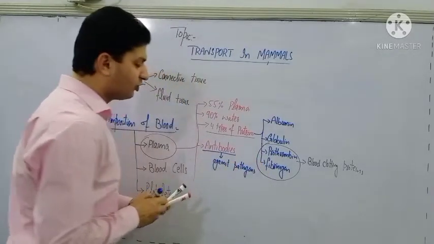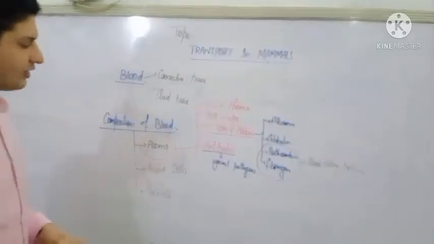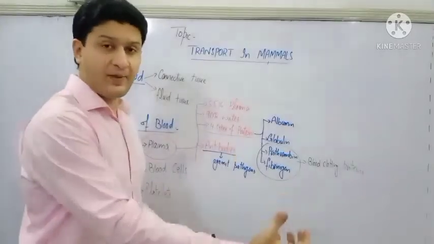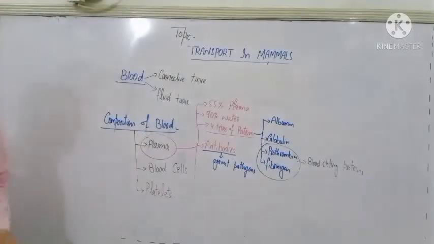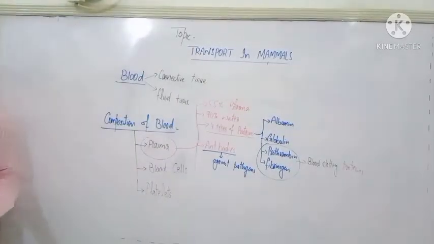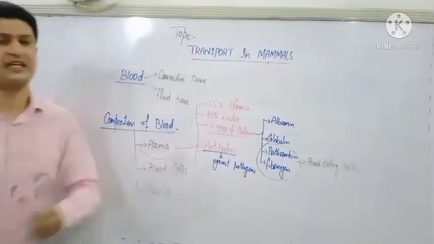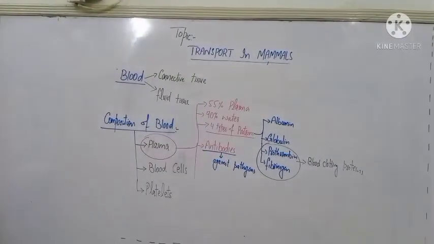Pathogens are those foreign particles which are harmful for our body. These antibodies are present in the blood plasma, which act against these foreign particles.